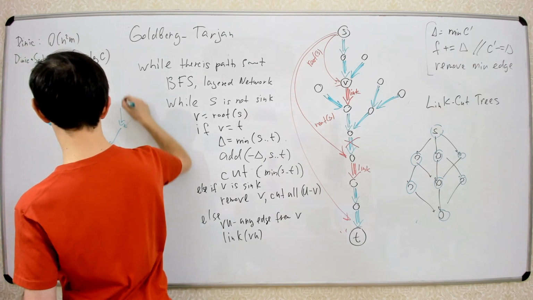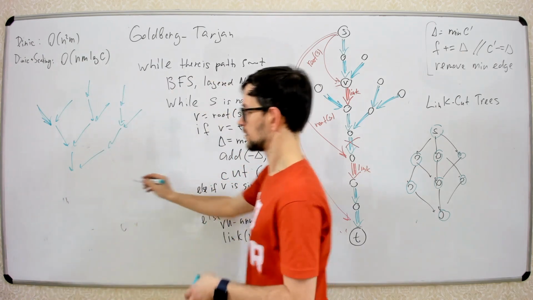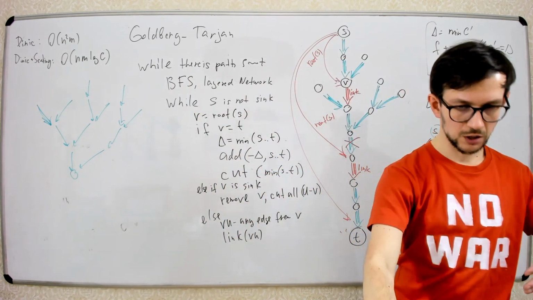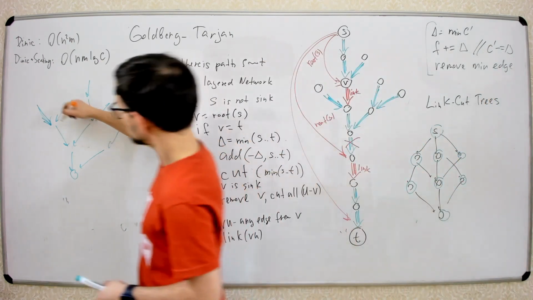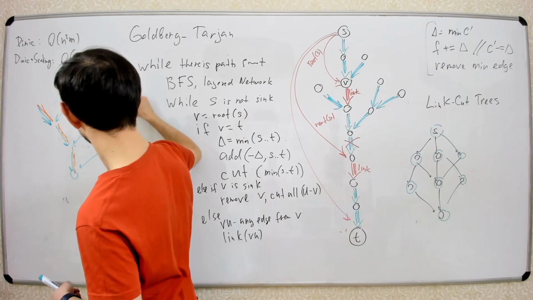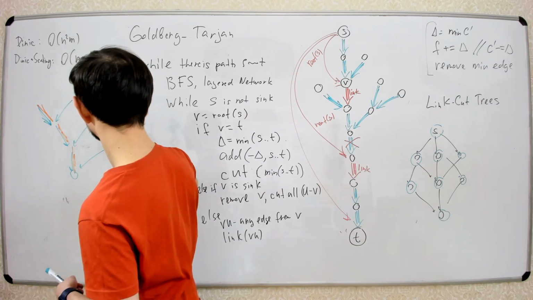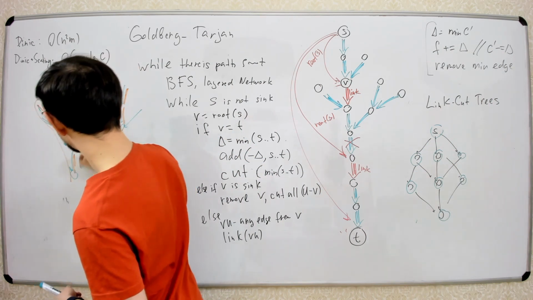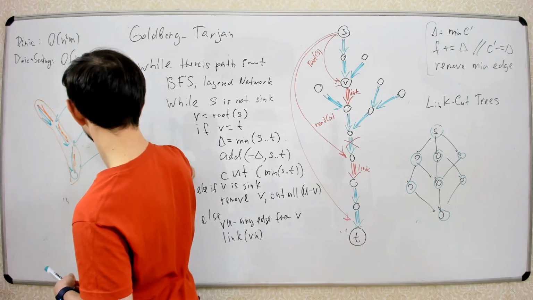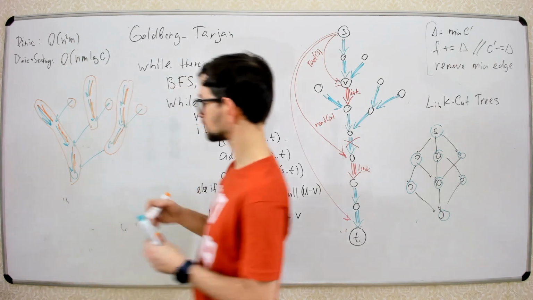This is the root of the tree, and this tree is always decomposed into sets of paths. So you have some path here, some path here, and something here. You have this path, this small path, this path, this path, this path, and this path.